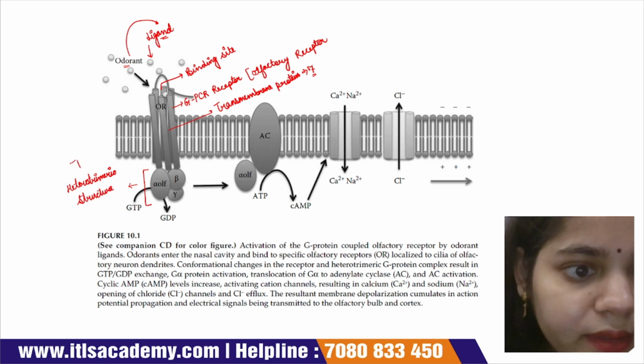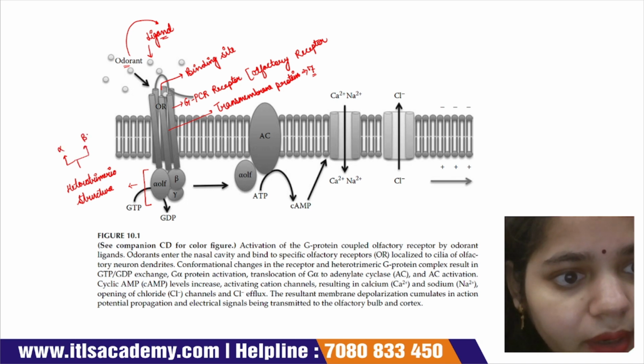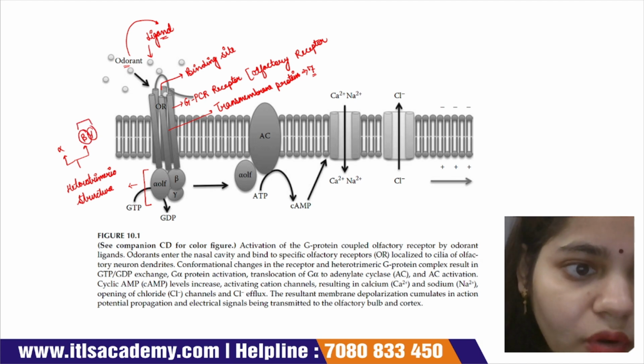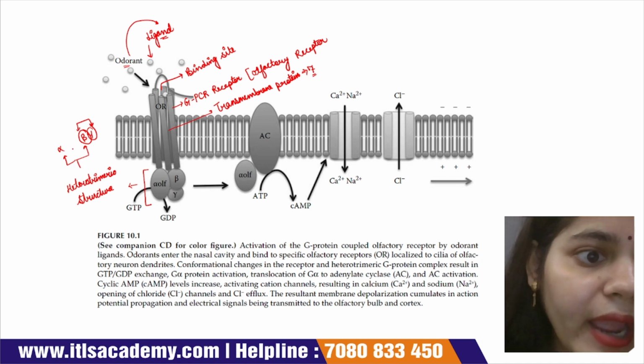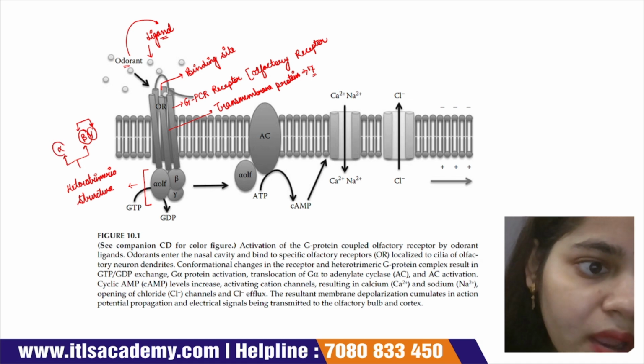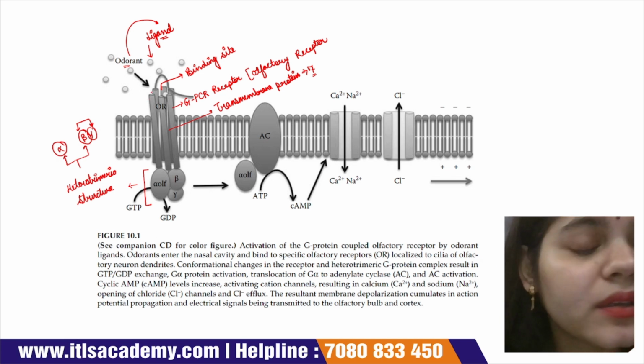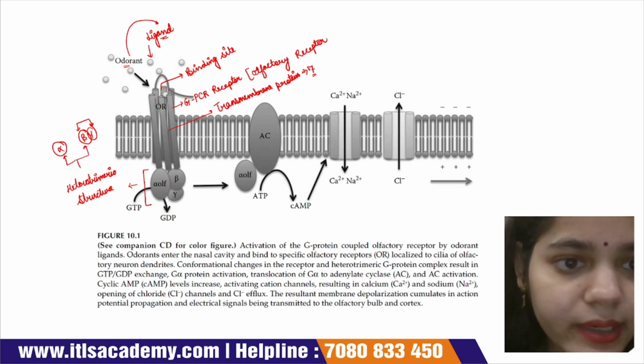It contains 3 subunits: first alpha, and second beta and gamma. The beta and gamma are always associated, and the alpha subunit is dissociated when the ligand binds to the receptor.